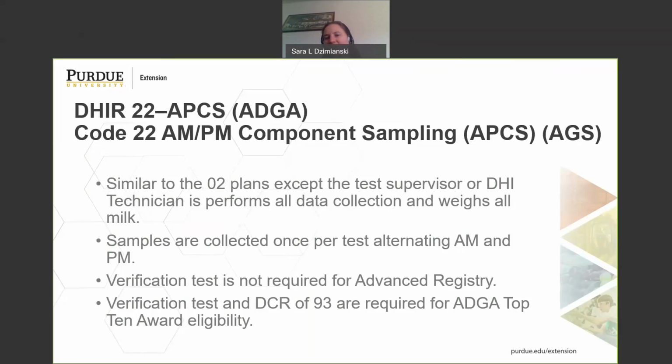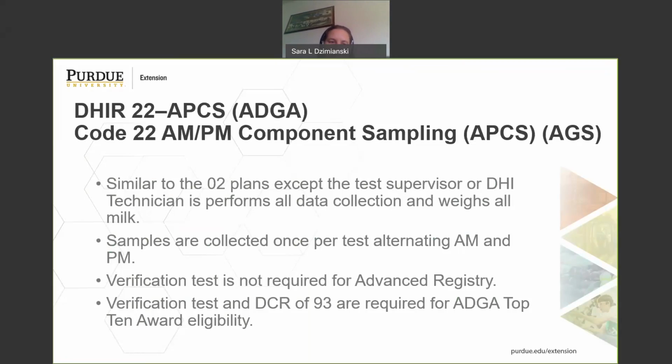Say you have a test supervisor that is pretty busy with work and they just don't have time to come out twice. That's why you might choose one of the innovative plans. So actually, no, I did the ADGA 02 is what I did.